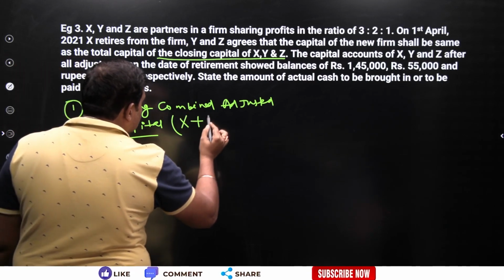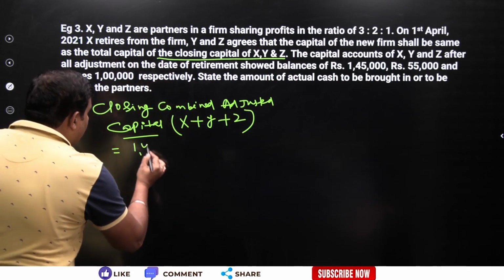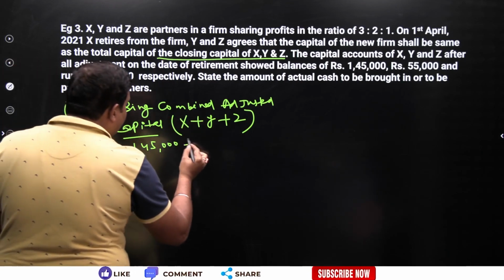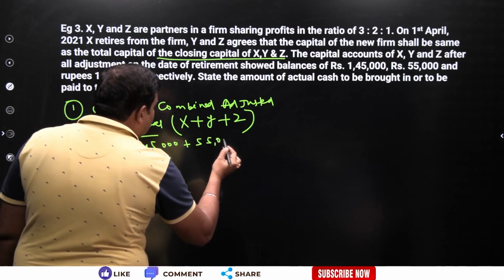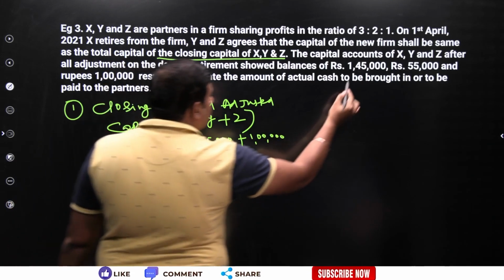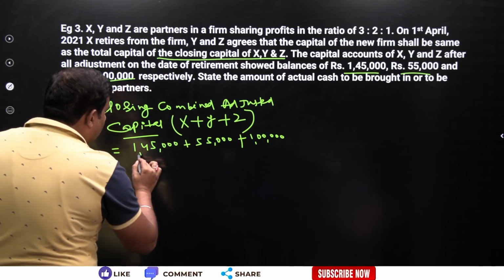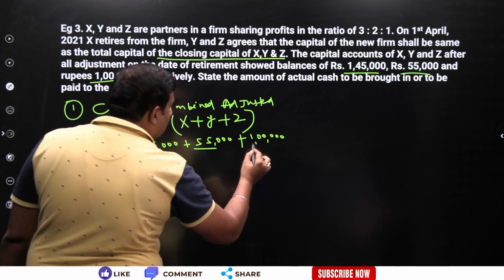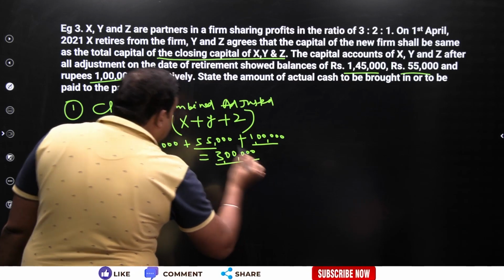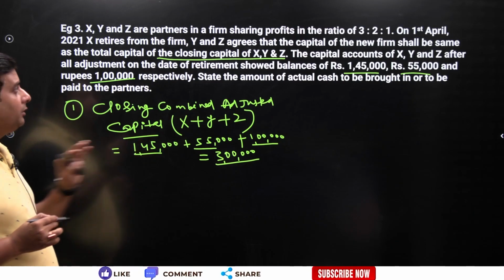So I just make the sum of X's, Y's and Z's capital: 1,45,000 plus 55,000 plus 1 lakh. These are the capital of X, Y and Z respectively. If you make the total, 1,45,000 plus 55,000 will give you 2 lakh, plus 1 lakh. So the total capital should be 3 lakh.